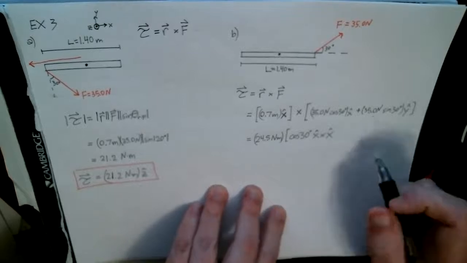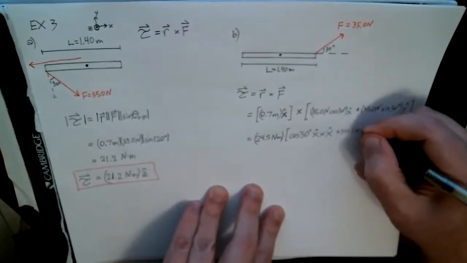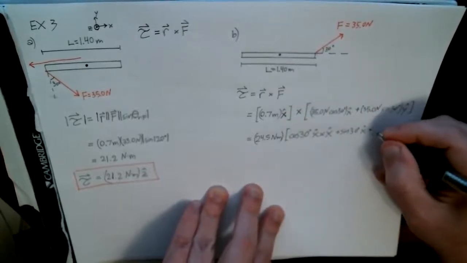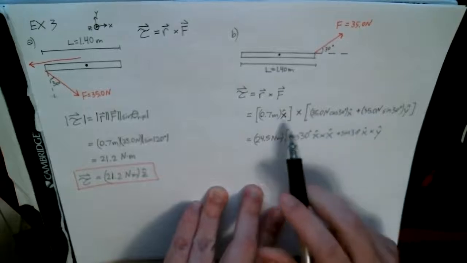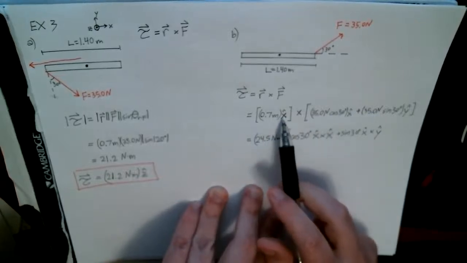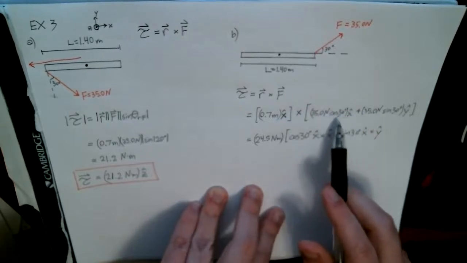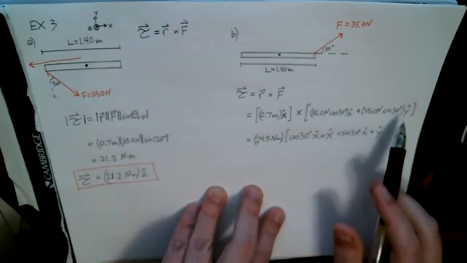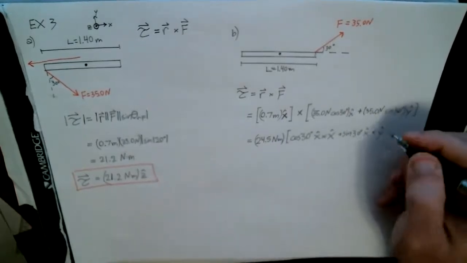And for my second term, I'll have sine of 30 degrees, x-hat cross y-hat. I distributed the 35 newtons part out front, so that's all the way to the left. And then I do the cross product of x-hat on each of my terms.